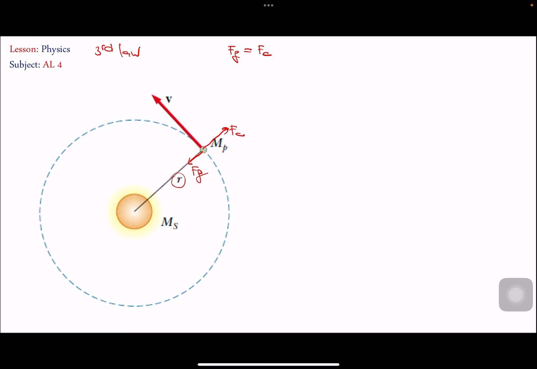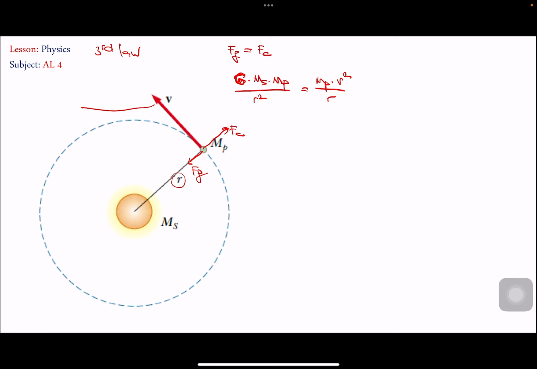So the universal gravitational force is capital G times mass of sun and mass of planet over the distance squared, over r squared. And the centripetal force is mass of planet times its speed squared over the distance, that is r. Now, how can I find the speed? I can find the speed in terms of period again.